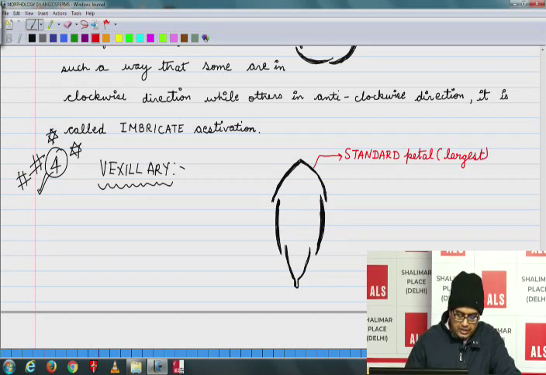The 2 petals on the lateral side are called the wings.